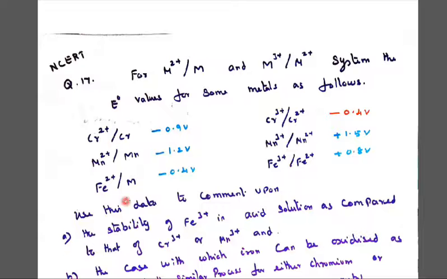Chromium metal is inserted in a chromium 2+ salt solution, Mn metal in a Mn2+ salt, and Fe metal in an Fe2+ salt. So it is chromium 2+, Mn2+ and Fe2+ here, with values of minus 0.9 volt, minus 1.2 volt and minus 0.4 volt.